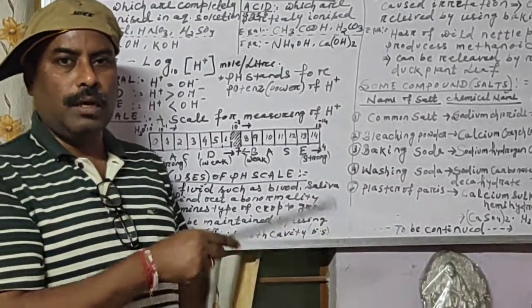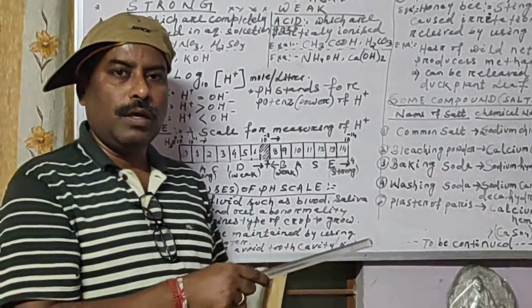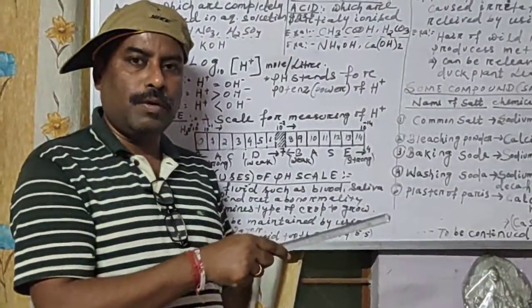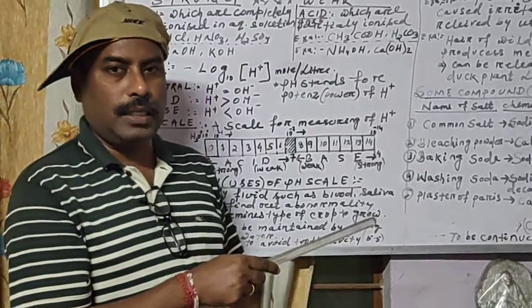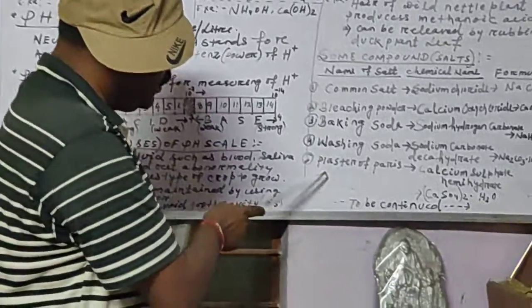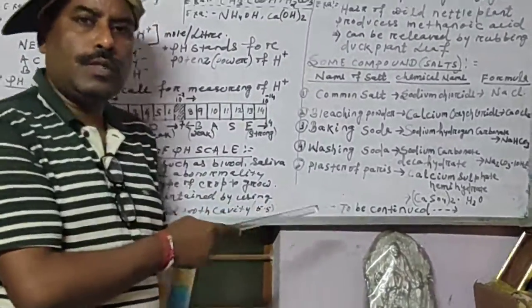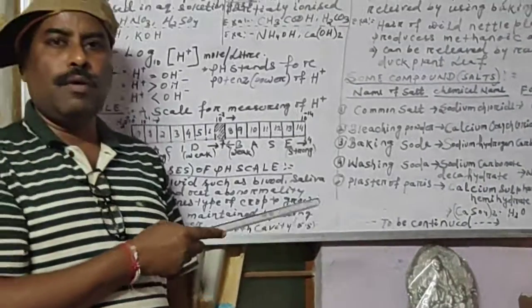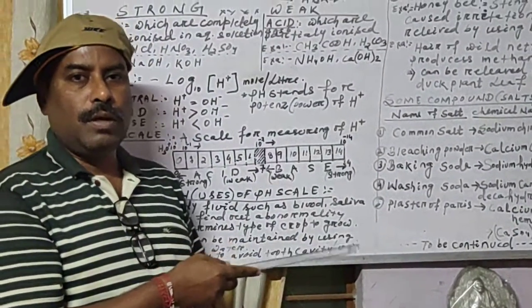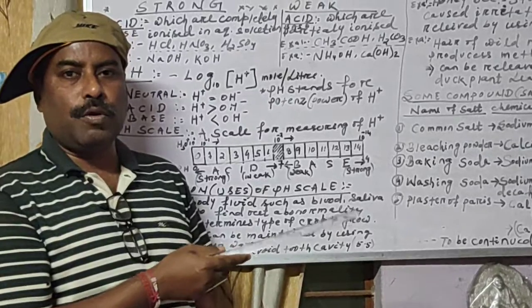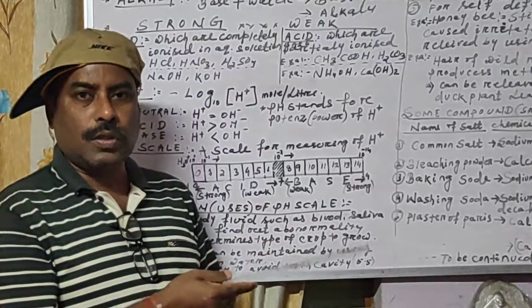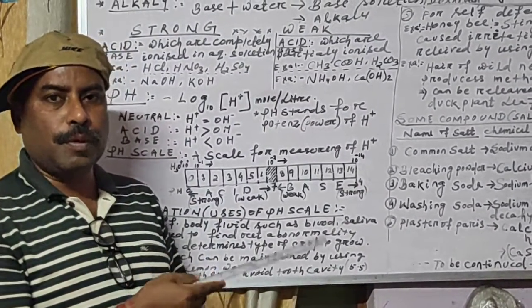Some compounds contain water molecules in the compound form, and that is known as water of crystallization. Another is plaster of Paris, generally used in construction material, in buildings, making statues, and plastering broken bones in the medical profession.